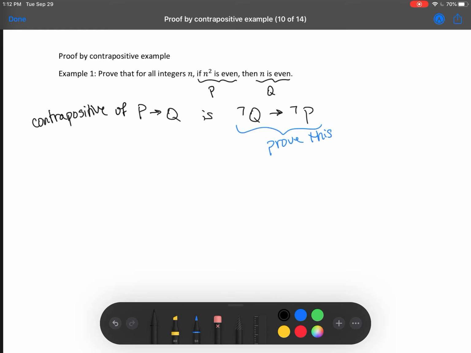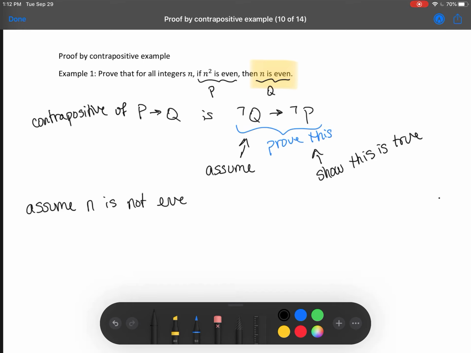Now, when we want to prove this, we get to assume the hypothesis part, which in this case is the negation of Q, and then we want to show the conclusion. In other words, we get to assume the negation of Q. Remember, Q is the fact that n is even. So we get to assume that it's not true that n is even, which in this case, since we're talking about integers, means that n is odd.